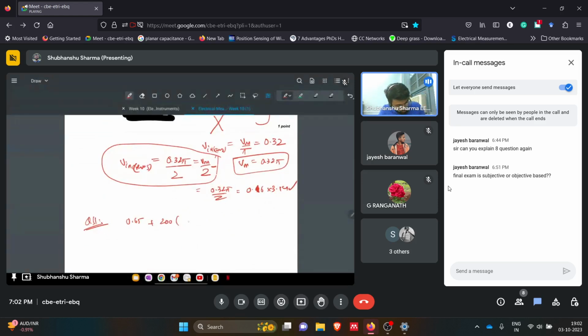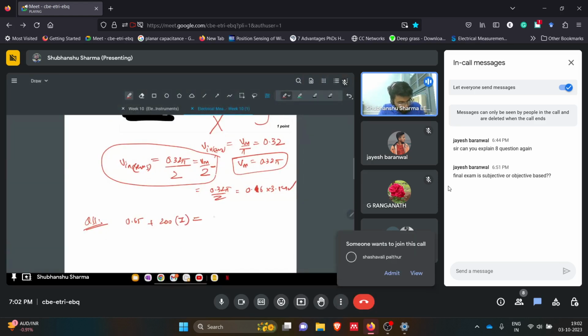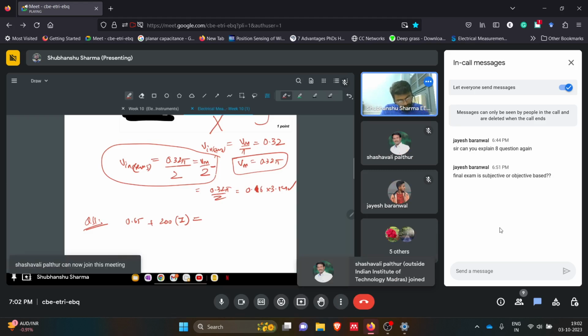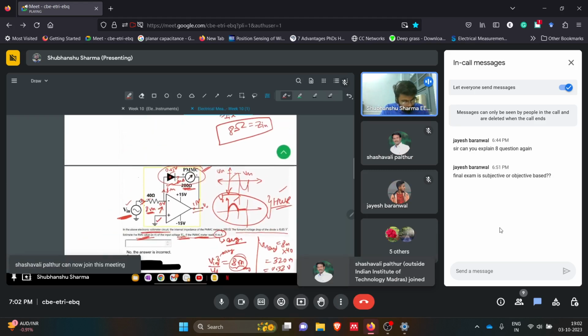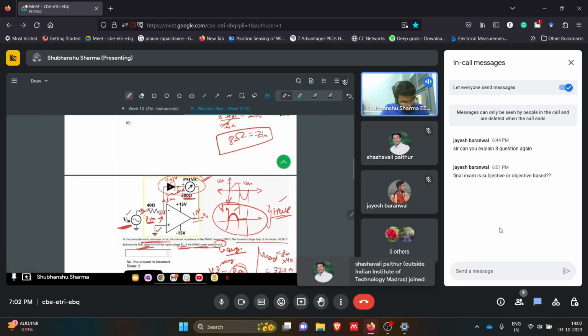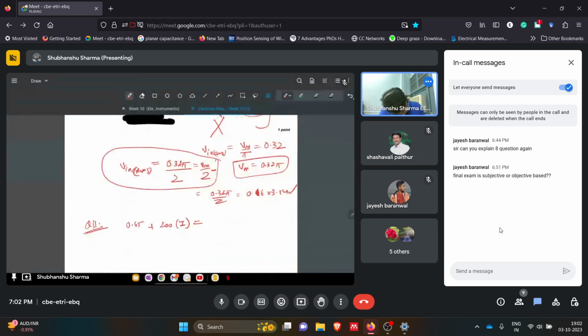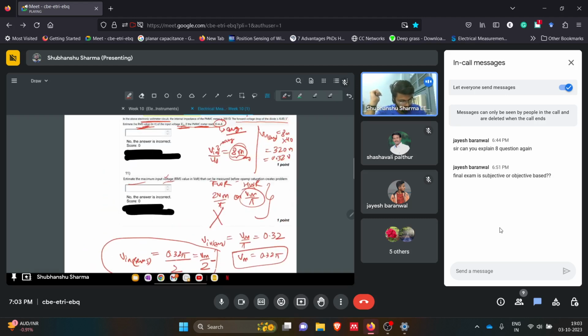Then we have 200 into I, the current through that PMMC meter, equals to what? V output. So this is the current through this PMMC meter, 200 into I, and then we have 15 volts. This is basically the maximum saturation voltage which we can get for this system.